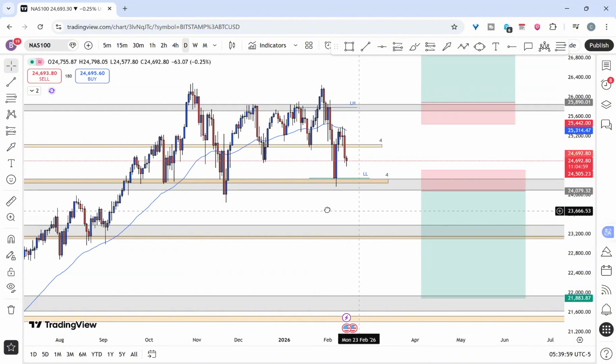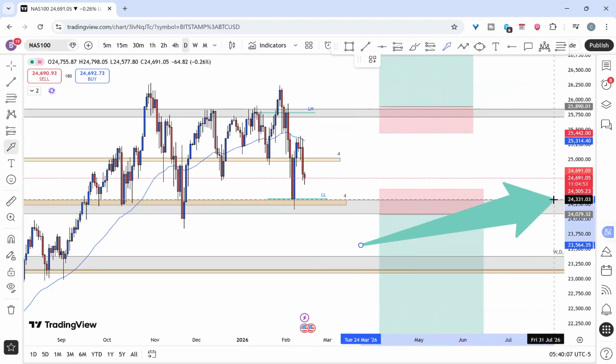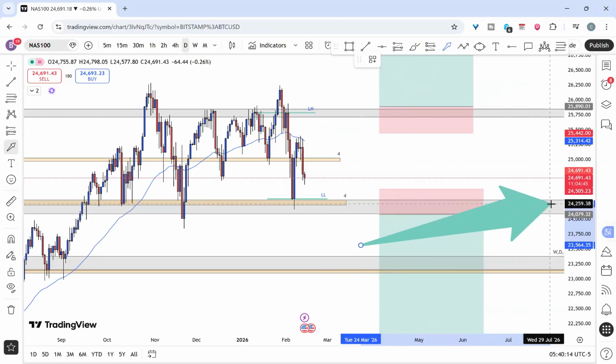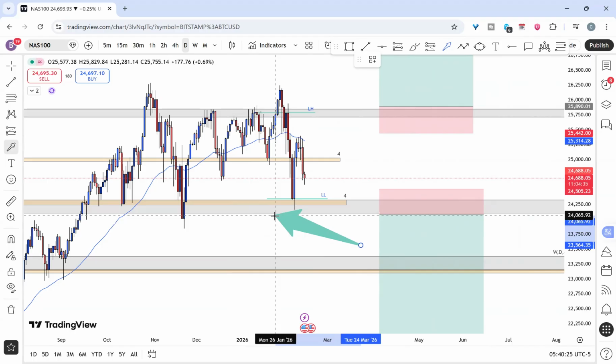So right now, I am waiting at the level around 24,000 and 24,500, 24,250.